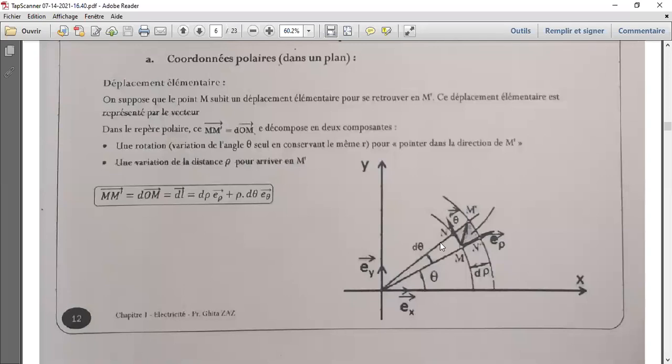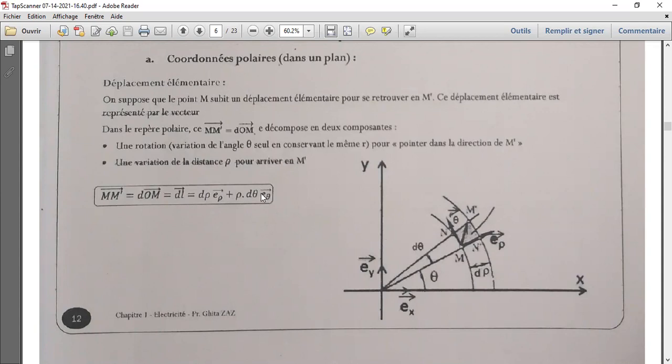So this leads us to this equation where you see that there's rho. Rho is just the radius, which is constant. The radius between O and M is the same as the radius between O and N, which is rho.